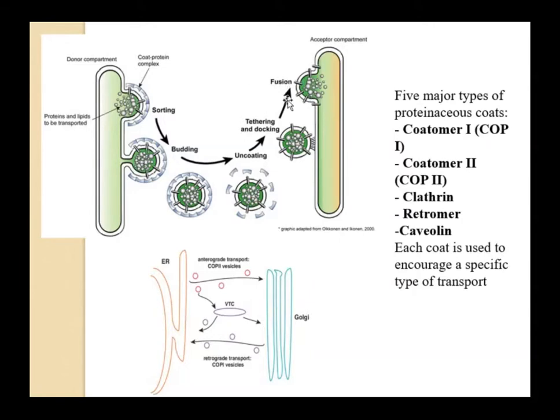As the coated vesicle reaches the membrane of its target, at this site, here what we will see is that when it reaches the target, it will lose its coat and fuse with the target membrane. And the delivered cargo then enters the next organelle, the next cistern. Here we can see the endoplasmic reticulum and the Golgi apparatus.